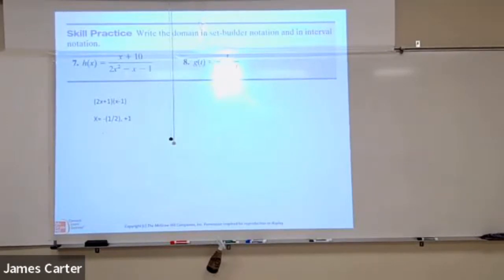This one, this factors into that. So this becomes -1/2. That becomes +1. So those are the two values that it can't be on this one.